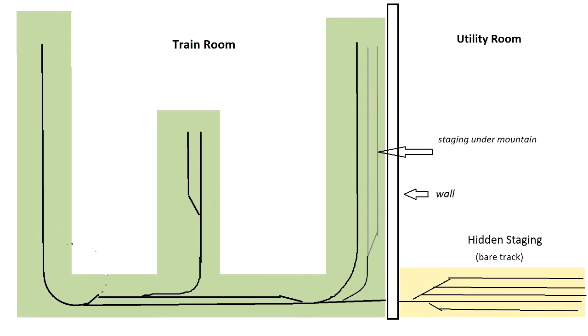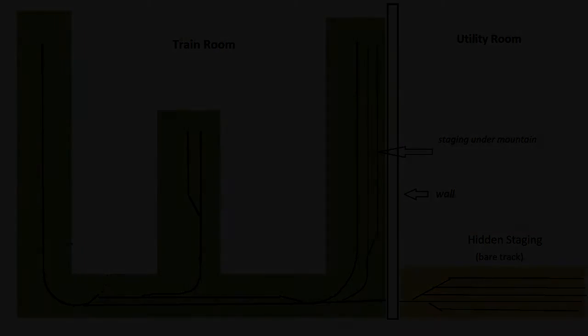Staging can also be visible if you need, but a staging track could be in another room, connecting to your railroad at your convenience, and it's another way for you to store all of the cars that you own and conveniently get them onto your layout when you need to, without having them all packed away in boxes somewhere and having to drag them out that way. Because certainly you'll probably have a lot more rolling stock than you'll have industry that can hold it all.